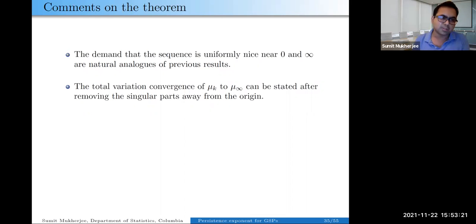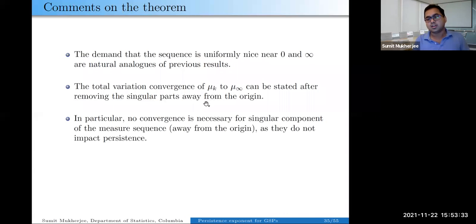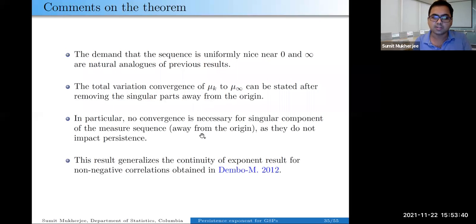That works, but it just makes the theorem statement a bit less clean. But while applying it, you can apply the removal of the singular part first and then apply this result. In particular, you don't need convergence of the singular component away from the origin, but near the origin you do need it. And using this, we can recover the continuity of exponent results for the non-negative correlations obtained in this result.